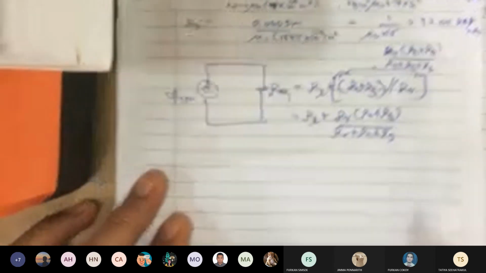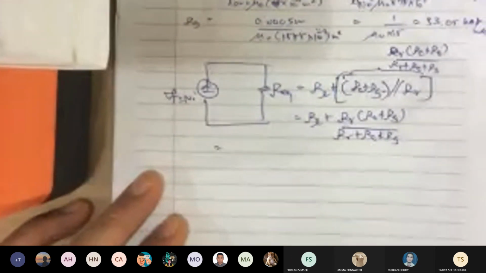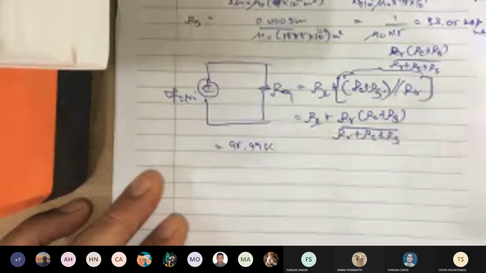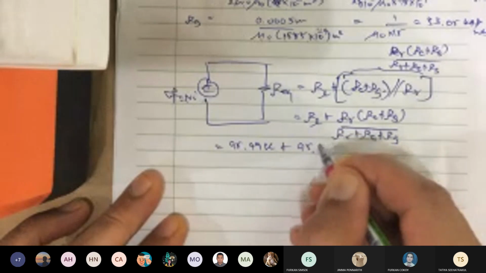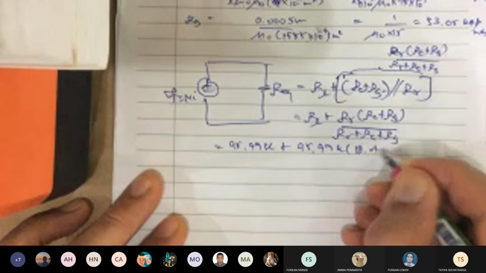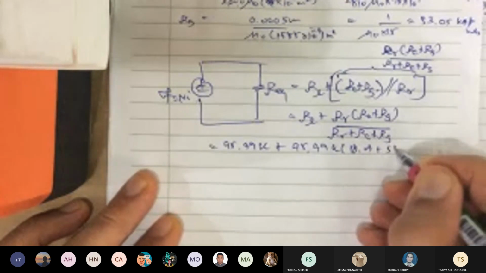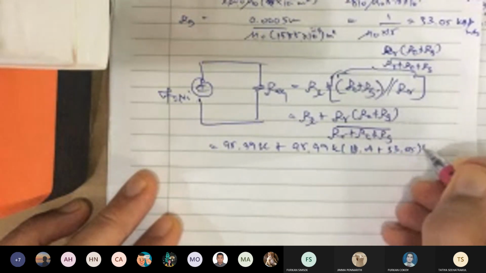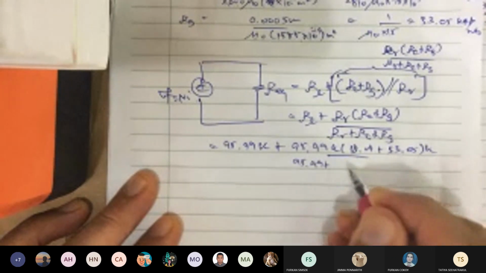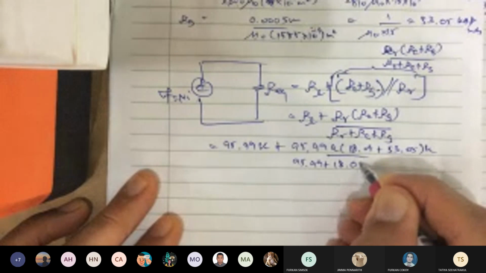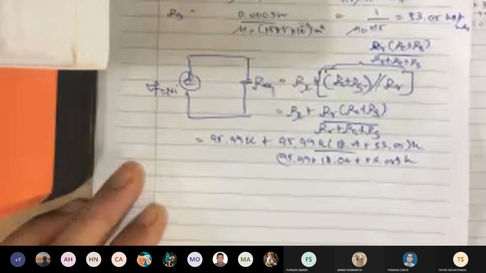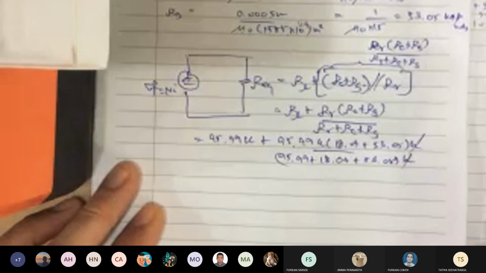Okay, so if you do this right, it has to be, wow, that's a big number. 95.49 K. 95.49 K plus center is 18.04 plus 53.05 K divided by the sum of all three, 95.49 plus 18.04 plus 53.05 K. Okay, K cancel.